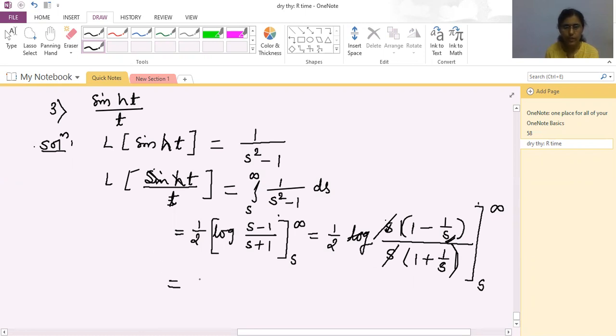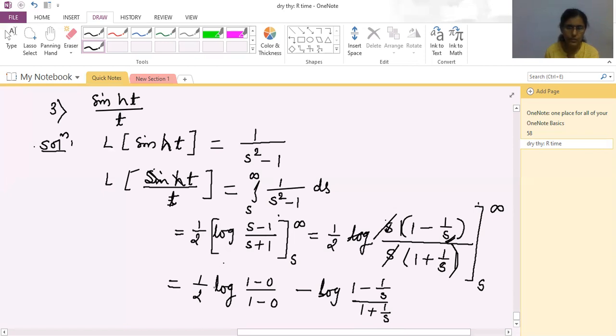So it is equal to 1 by 2 times log of, in numerator 1 minus 0 and in denominator also 1 minus 0, isn't it? Minus log of, for the lower limit, 1 minus 1 by s, sorry, upon 1 plus 1 by s.